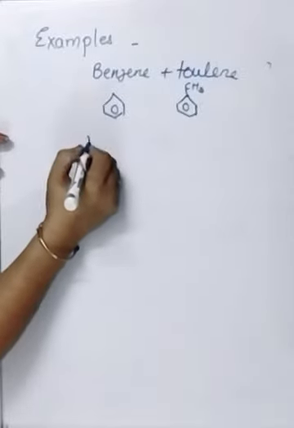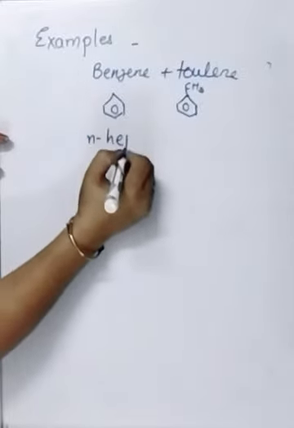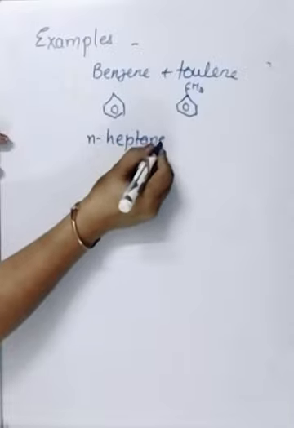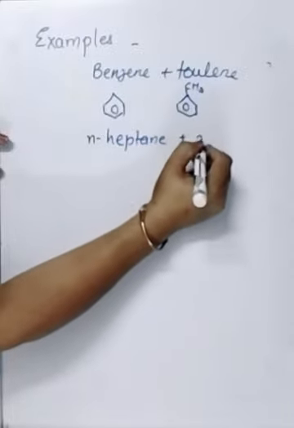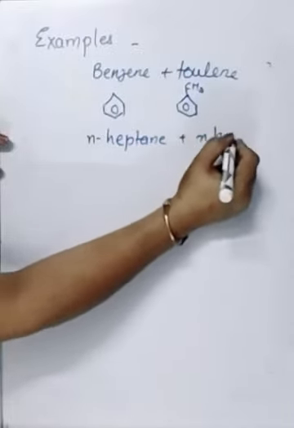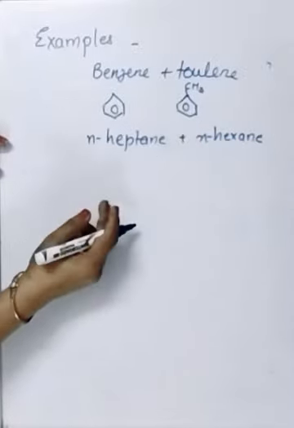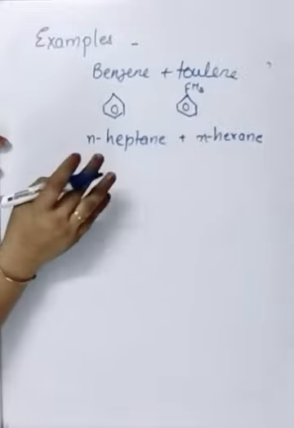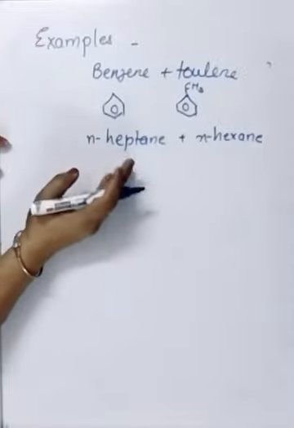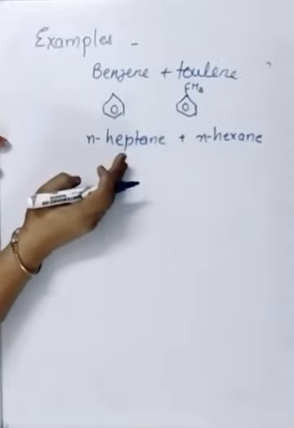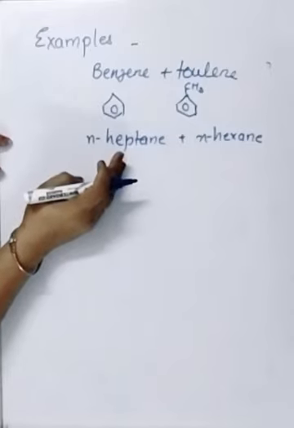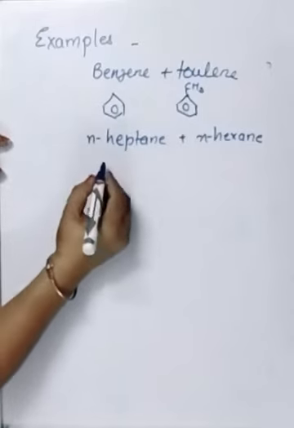Another example, n-heptane and n-hexane. Hexane has 6 carbons and heptane has 7 carbons, both are alkanes, so their structure is similar, molecular size comparable, and force of attraction also comparable.